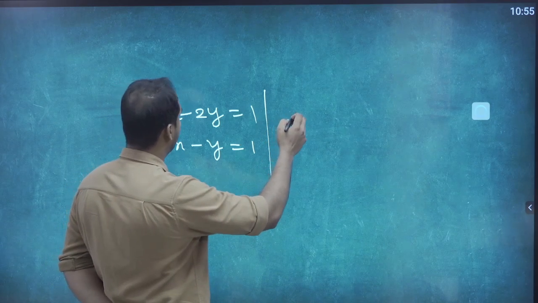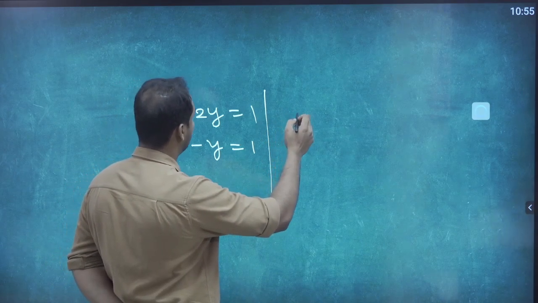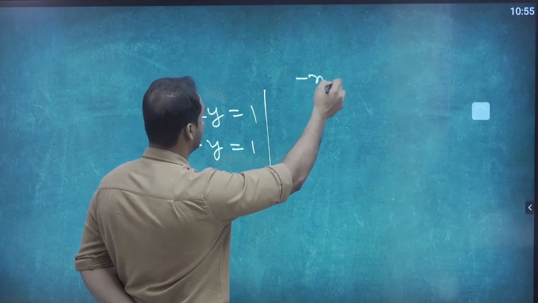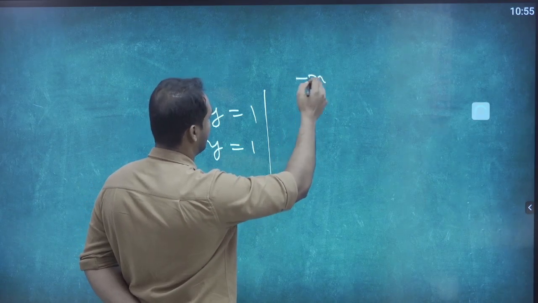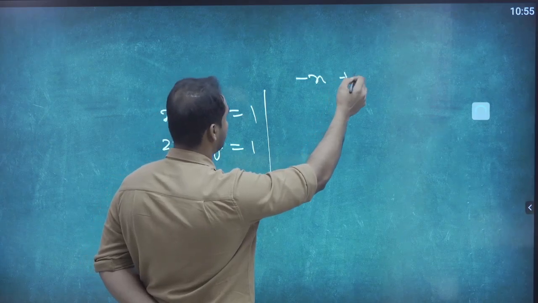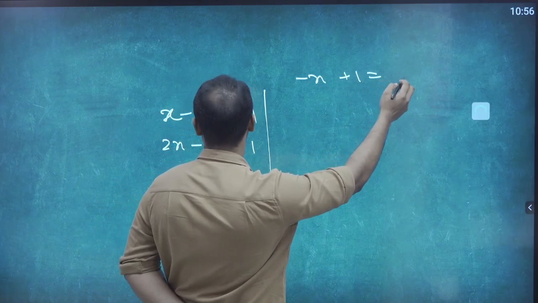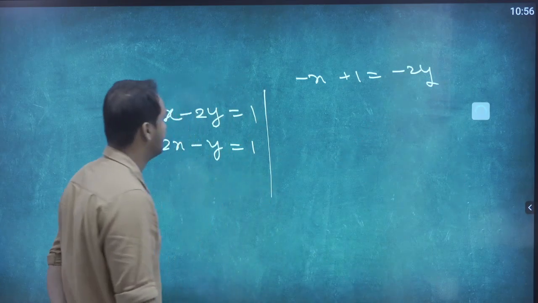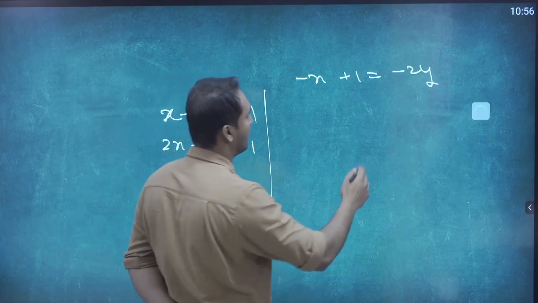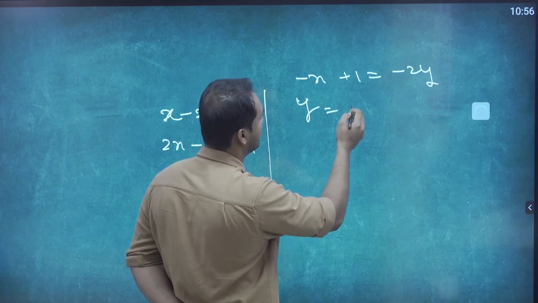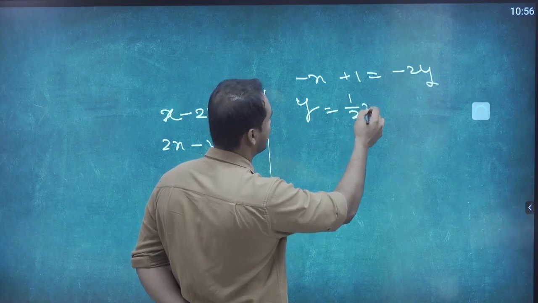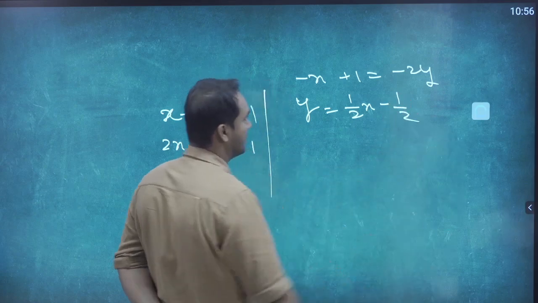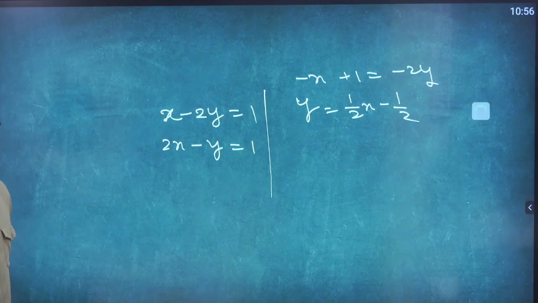If I isolate y in the first: minus x plus 1 is equal to minus 2y, so y equals half x minus half. This will be one of the formulas.